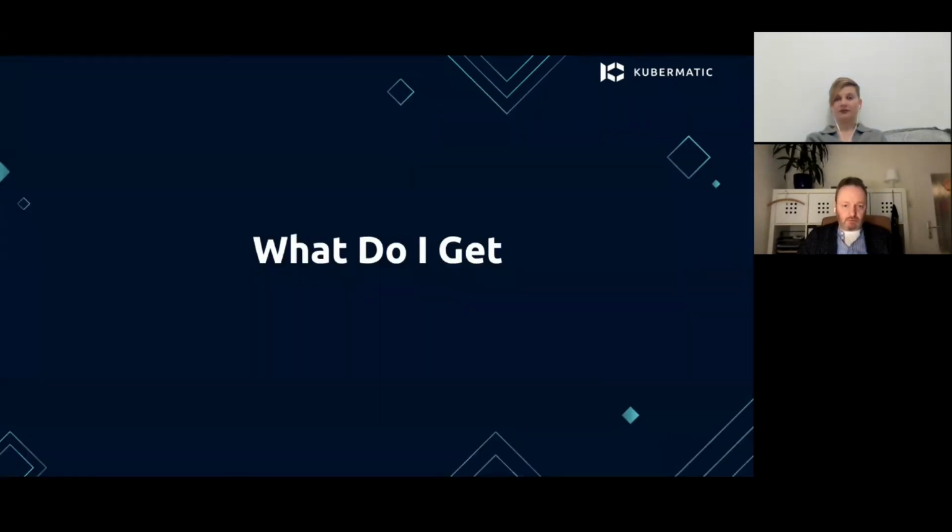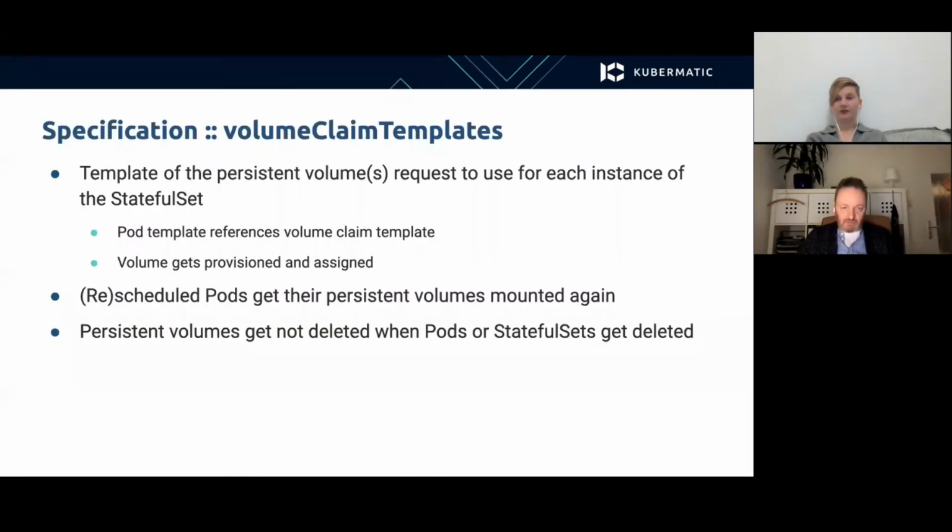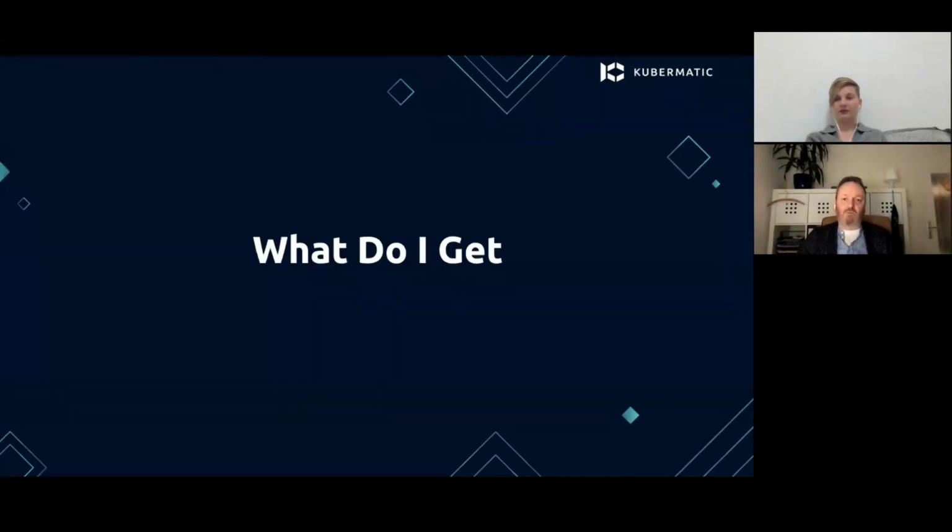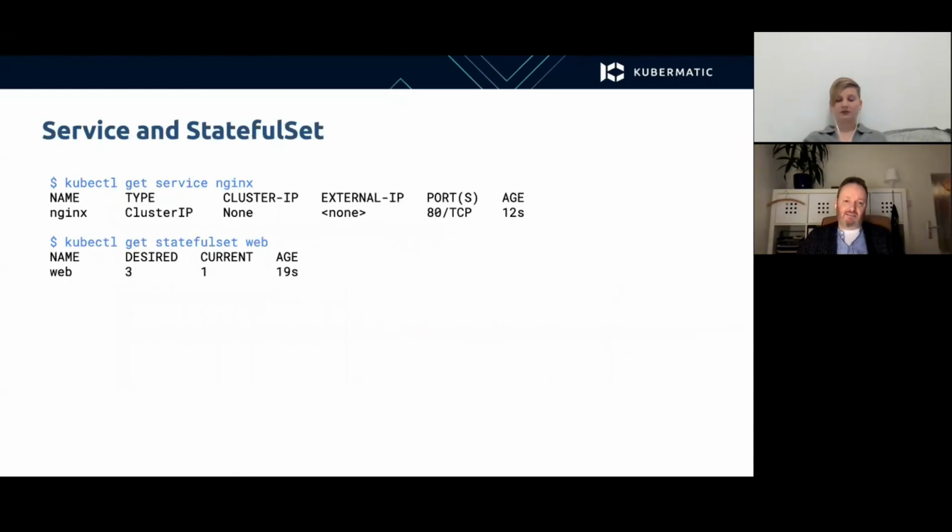So, one moment. What do I get? We have seen the graphics of the service and the 3 nginx pods called web-0 to web-2. On the command line, we can say that we want to get the service nginx just to see it there. And here we get our service nginx with the cluster IP.